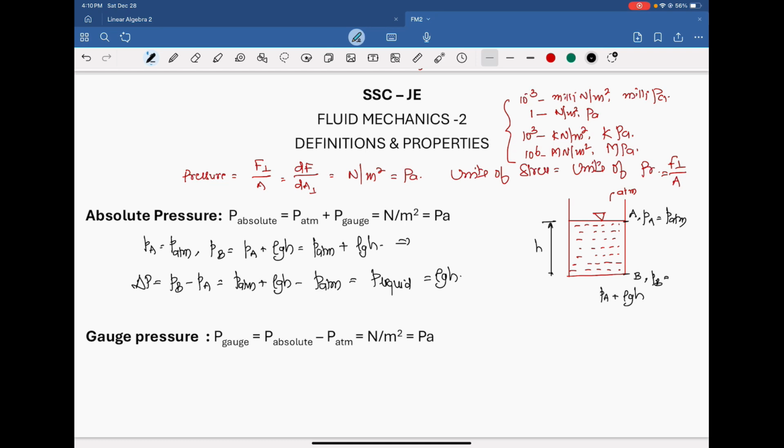Here in this formula, PB is the absolute pressure at point B. Absolute pressure at point B is equal to P atmosphere plus rho g h. Therefore, P gauge is equal to rho g h.